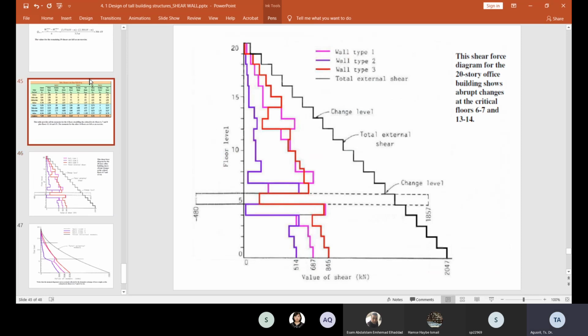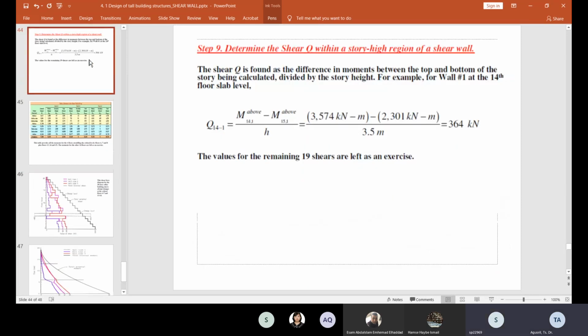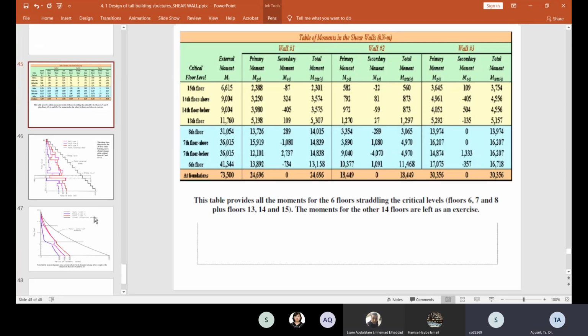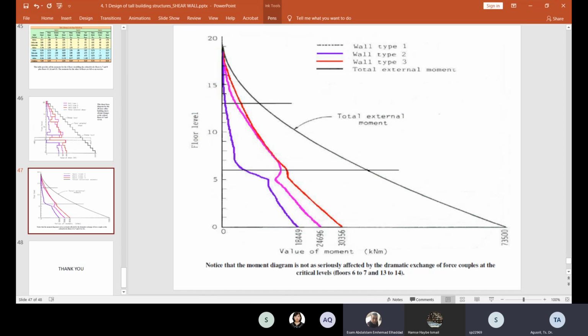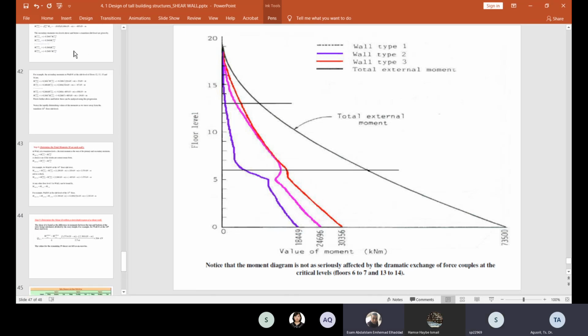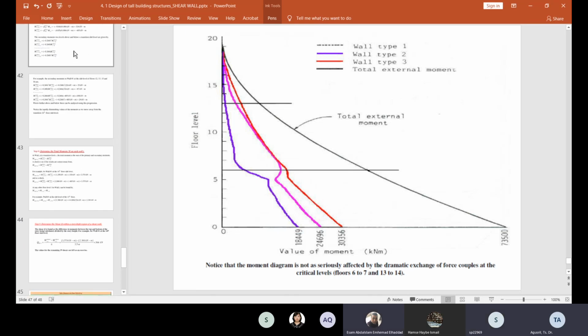Okay, any question on this example? It's okay, doctor. Is it clear? Yeah. Okay. So if this one is clear, I think I can continue with the flat slab. What do you think? Is it okay if I continue with the flat slab? As you like.